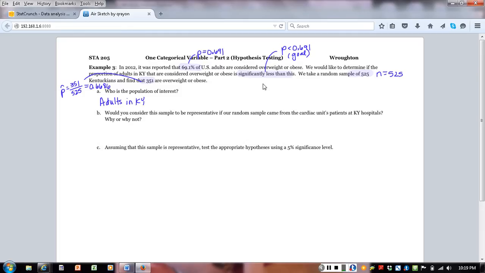Would you consider our sample to be representative if my 525 people came from cardiac unit patients at Kentucky hospitals? So this goes back to that fundamental rule for using data for inference. So what I need to think about here is, are patients of cardiac units different when it comes to their weight?